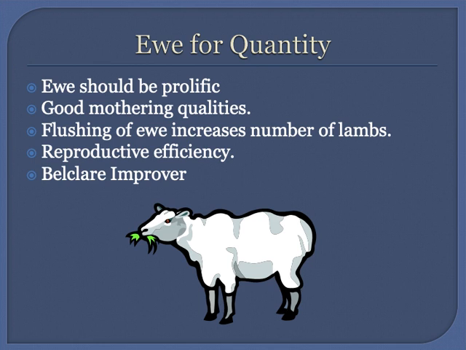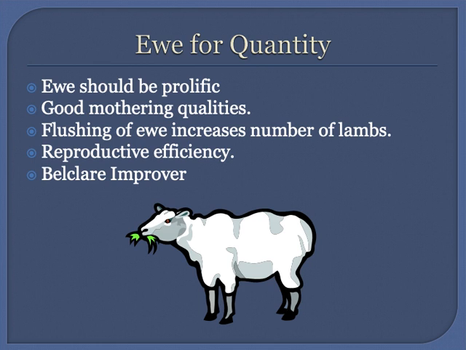And it's not particularly scientifically proven, but a lot of farmers think that going from that lower plane of nutrition onto the higher plane of nutrition kind of tricks the ewe's body into thinking, oh, I'm ready now for carrying twins. So it will increase the reproductive efficiency. And we already mentioned the Belclare Improver as a good ewe for bringing all of these qualities.